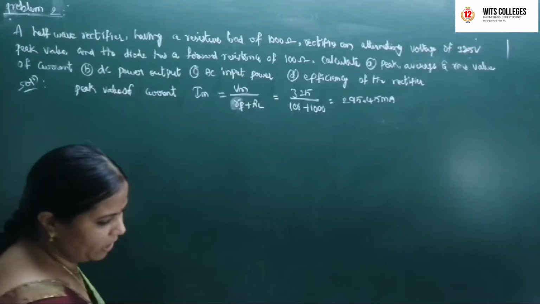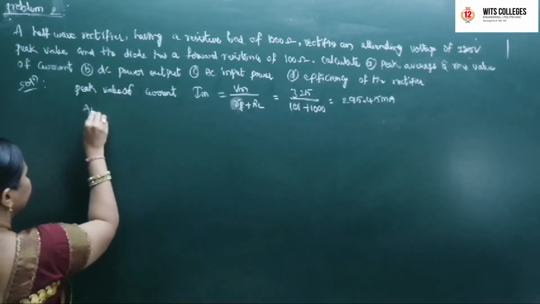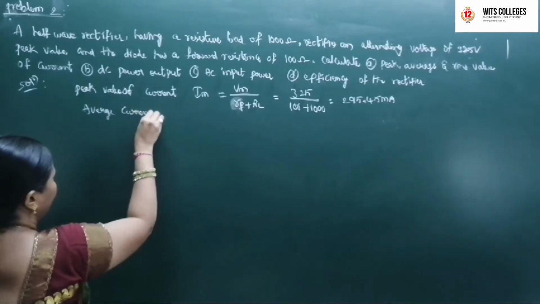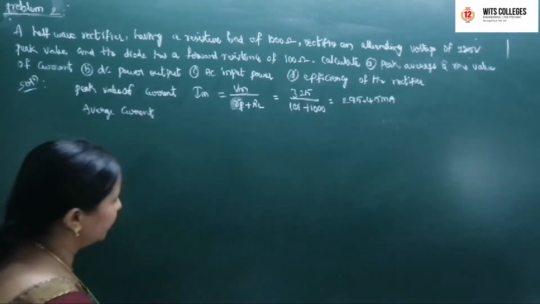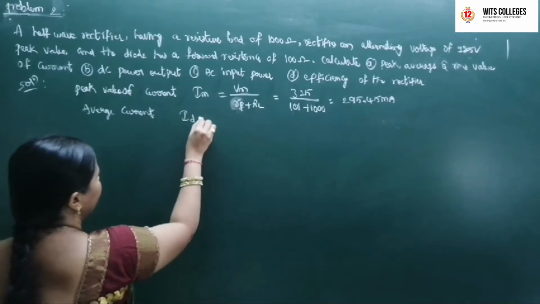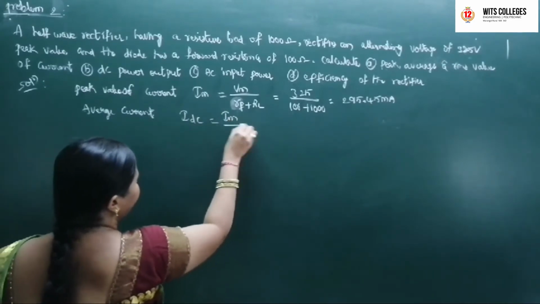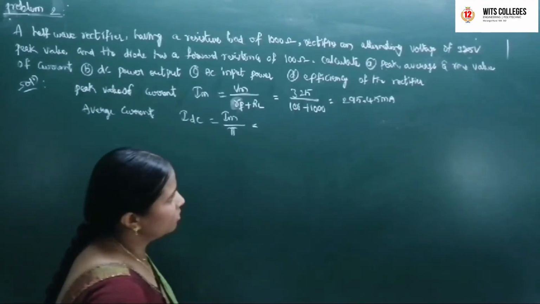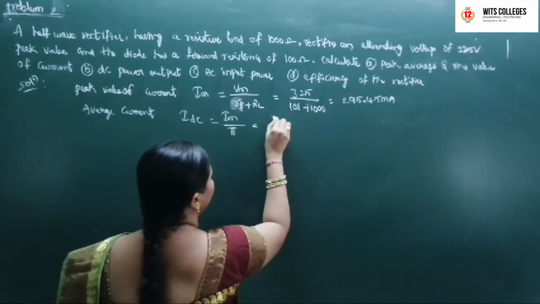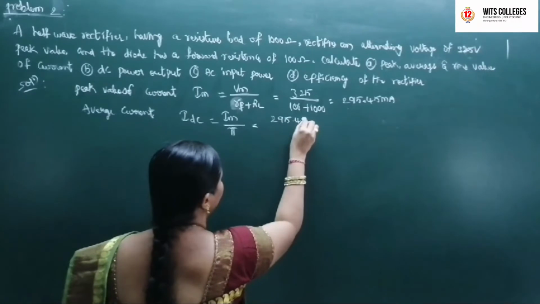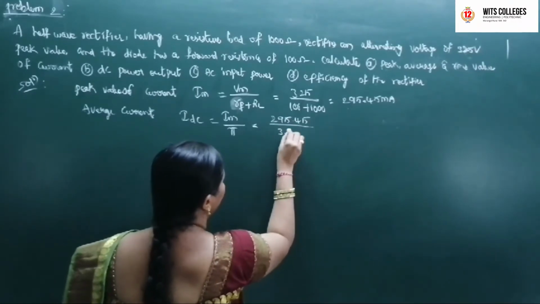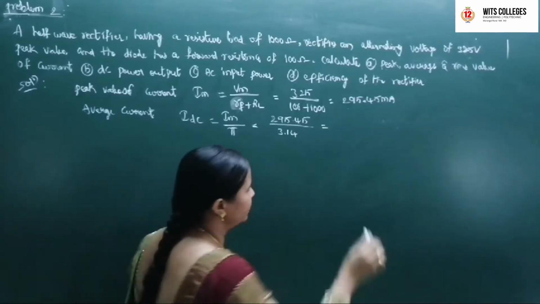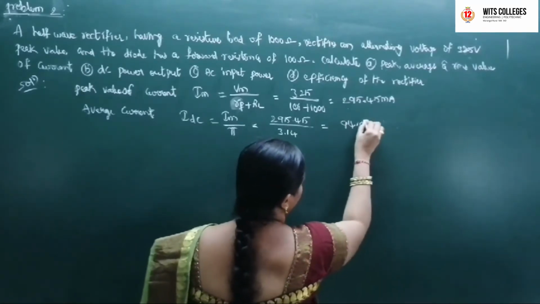Coming to the next, we have to calculate the average current value. It is indicated by IDC equal to Im by pi. We got the Im value 295.45 milliamps by 3.14. We will get 94.04 milliamps.